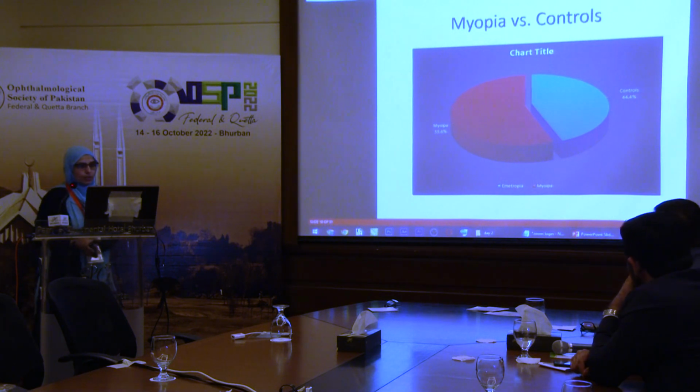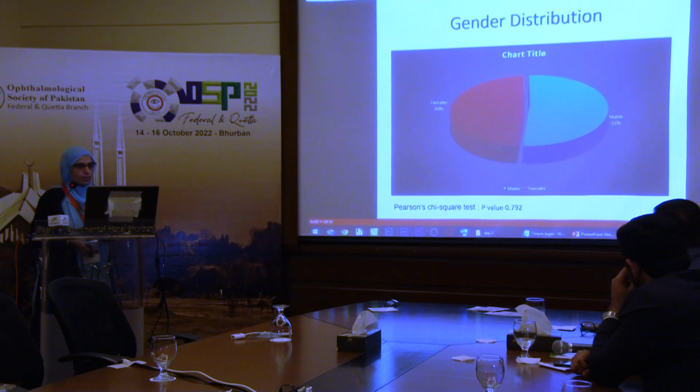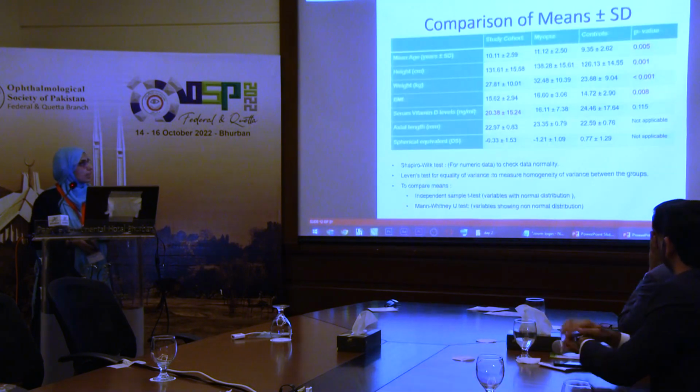So in our study there were 55% myopic patients and 44.4% were controls. There was no significant difference in gender between myopic and control populations, as we can see that the p value is 0.792, and literature shows similar results.